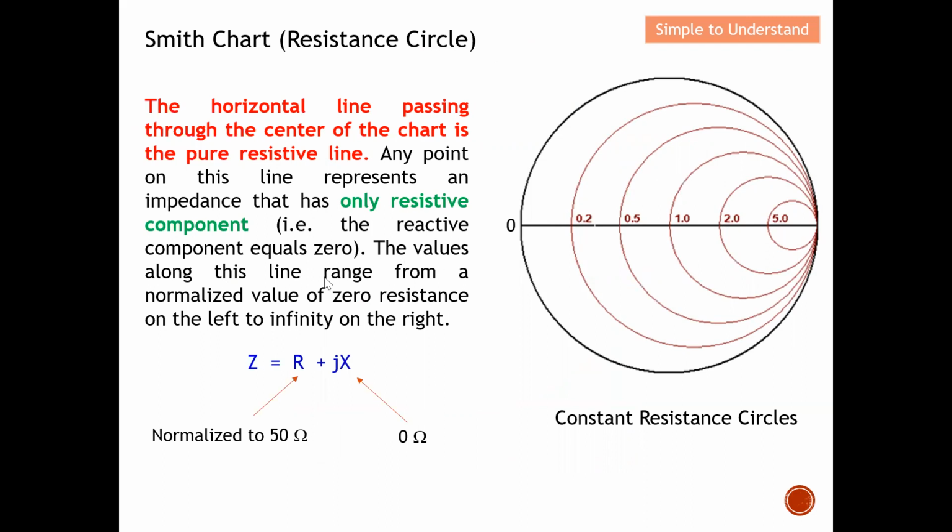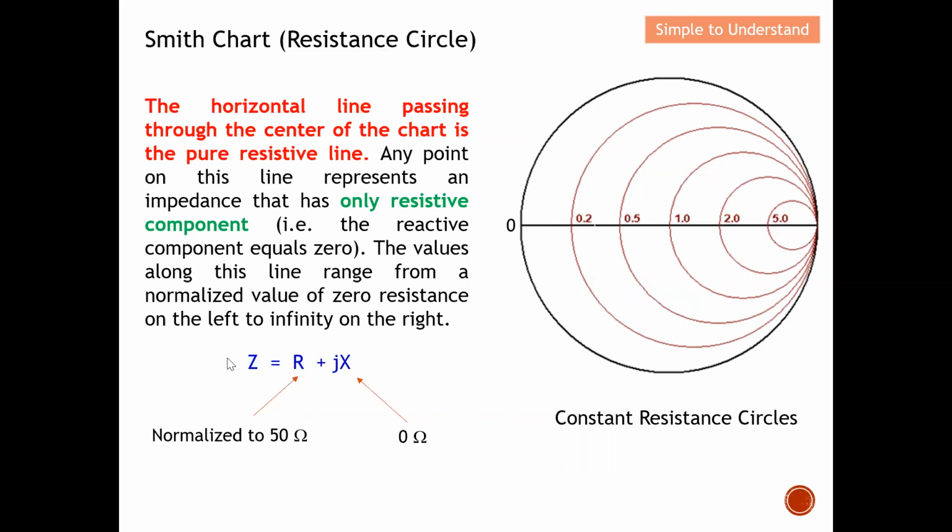The values along this line range from a normalized value of 0 resistance on the left, and all the way to infinity on the right. Technically, there won't be 0 ohm resistance, but you can imagine that the very low resistance is on your left, and when the resistance increases, it moves more and more to the right until infinite resistance.